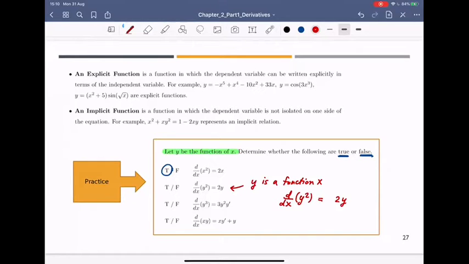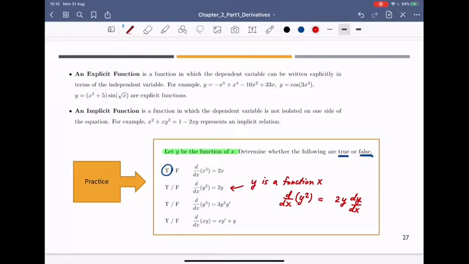But your y is not independent of x, so you have to differentiate y one more time and attach it, because this is by the chain rule, right? Because y is a function of x. Think of y equal to f(x). How could you differentiate f(x) squared? That means you get 2 times f(x), and then you have to differentiate the inner function, right? So the same thing with this.